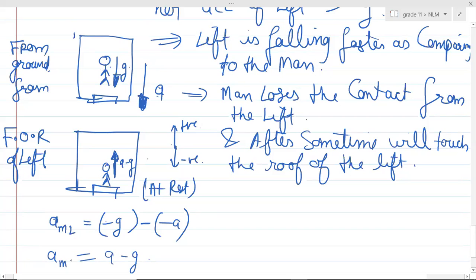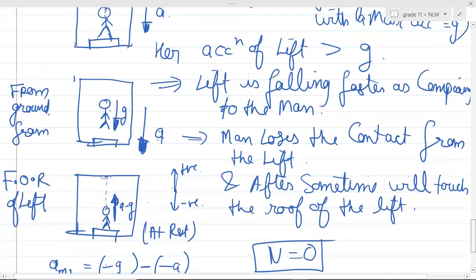So can you see guys, acceleration of man with respect to lift is basically a minus g, and since a minus g was positive, hence it is in the positive direction. So with respect to the lift, this guy will go up and ultimately touch the roof of the elevator. Is this clear? Normal reaction will become zero because as soon as there is no contact, the normal reaction becomes zero. Yes or no?